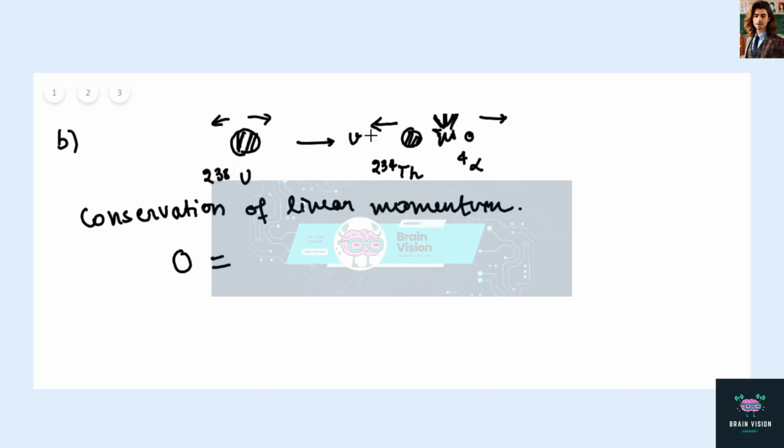Let's assume it's going with V1, and this is going with V2. So, M thorium times V thorium plus M alpha times V alpha equals zero.